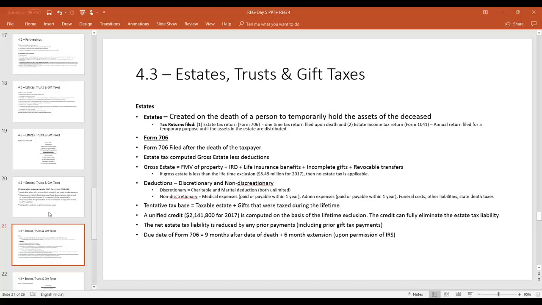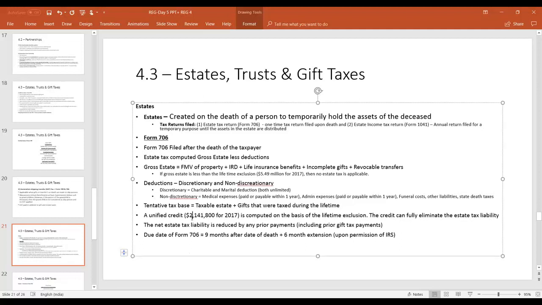Now, as soon as a person is dead, there is an estate tax return to be filed, and that is the Form 706. It's a one-time tax return that is filed on the value of the assets in the estate. As I said, we have this lifetime exclusion, and there you can see it is 5.49 million. 425 was for 2016, and 5.49 million for 2017, and this is also there in the content updates.